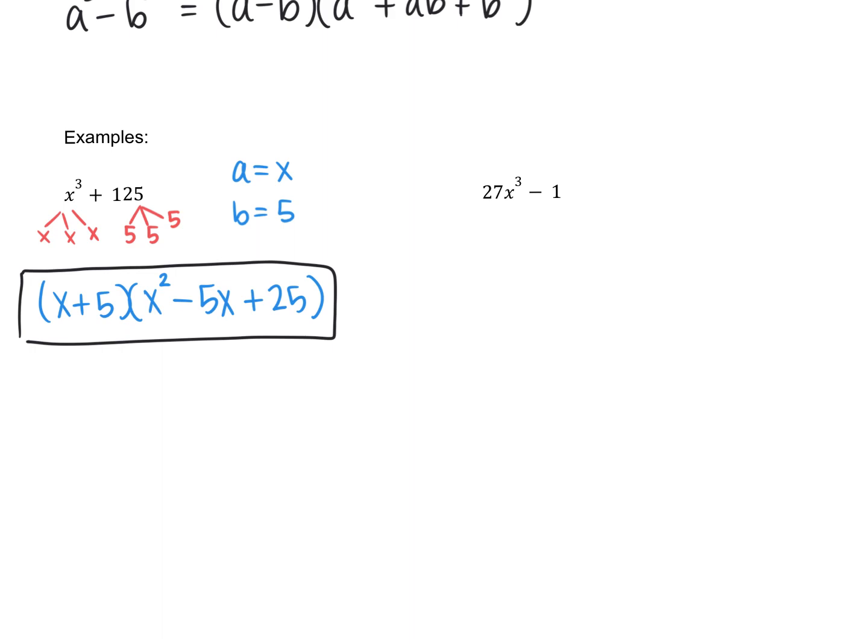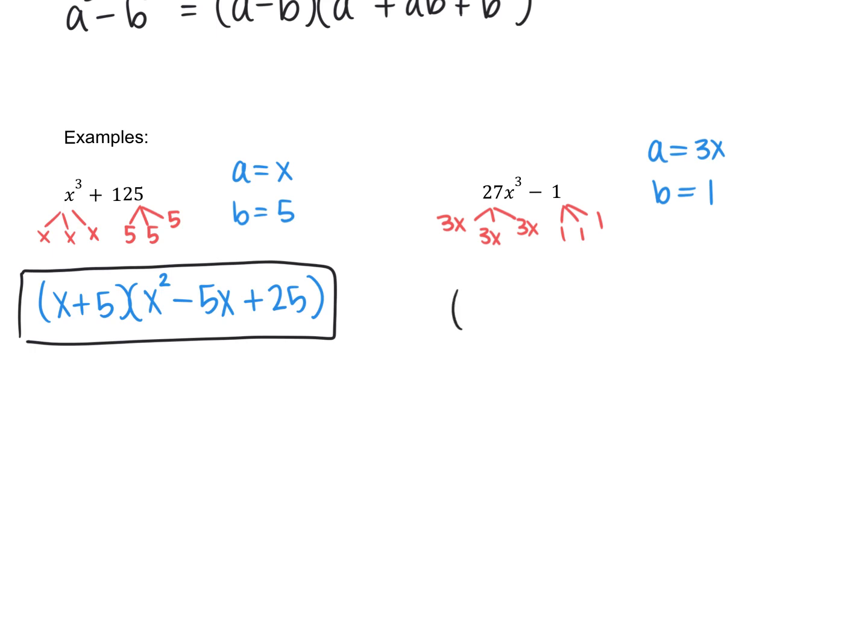The last example, I have 27x cubed minus 1. So 27, 3 times 3 times 3. So I'm going to have 3x, 3x, 3x. And then 1 is just 1 times 1 times 1. So my a is going to be 3x, and my b is going to be 1.